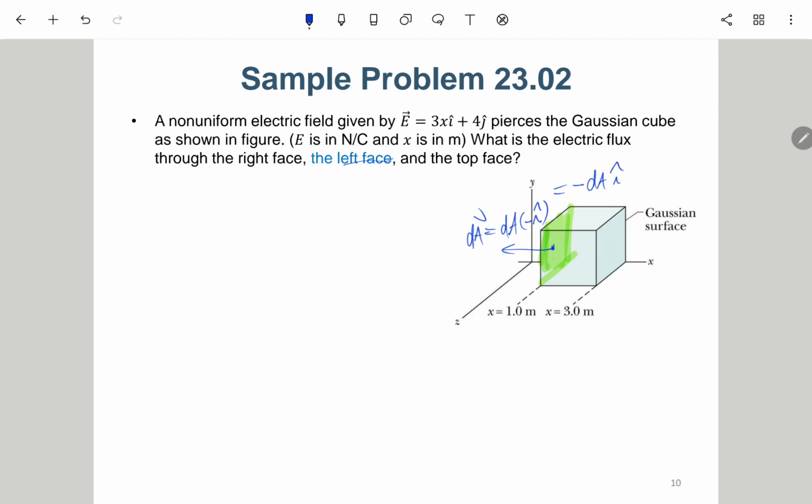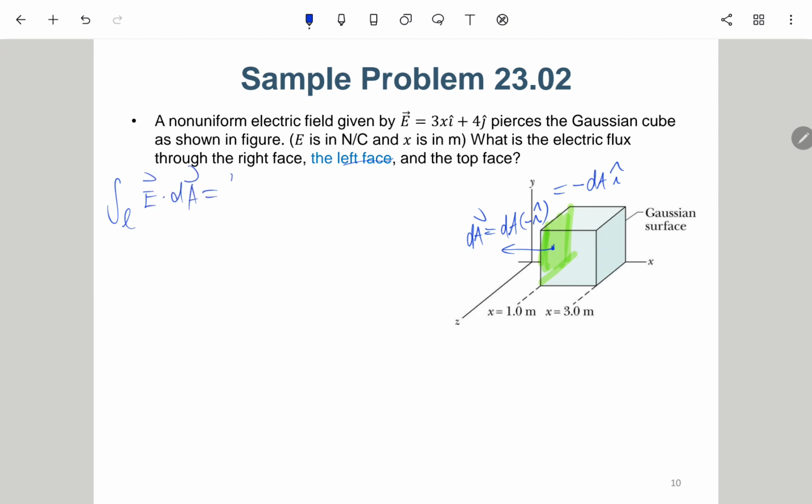Similarly, we can find the surface integral. This is for the left surface, so we use an L: the integral of E dot dA.